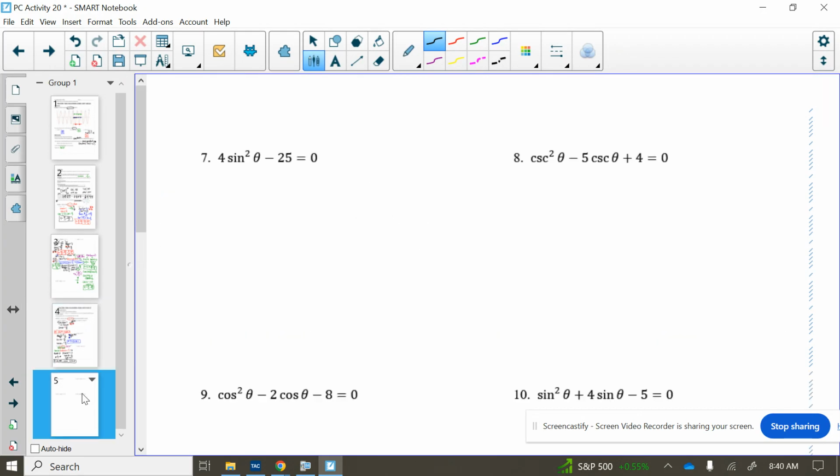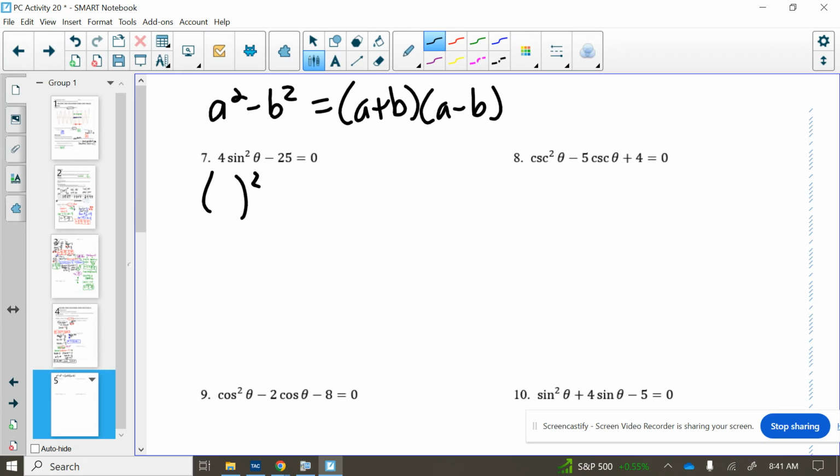On the last page then, we have a couple others to look at. Number 7 is dealing with a difference of 2 squares. So reminder, when we have a squared minus b squared, we can factor that to be a plus b and a minus b. So in this case, what squared is 4 sine squared theta?